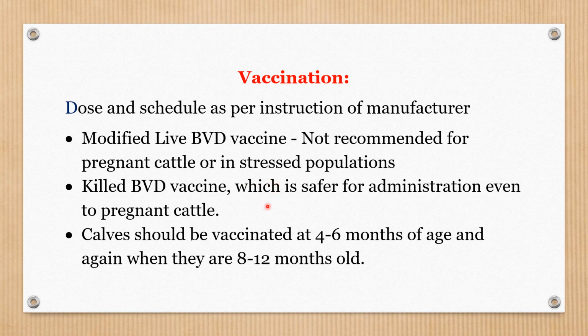The killed BVD vaccine is safer for administration, even to pregnant cattle. The calves should be vaccinated at 4 to 6 months of age and again revaccinated at 8 to 12 months of age. This will help in prevention of the disease.